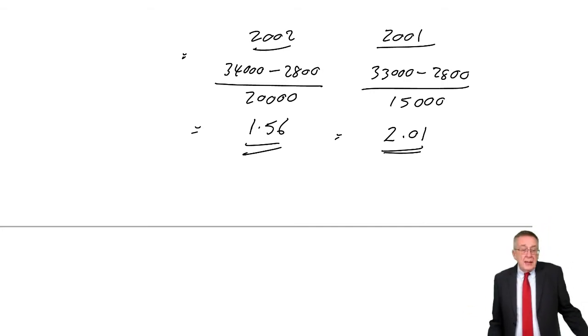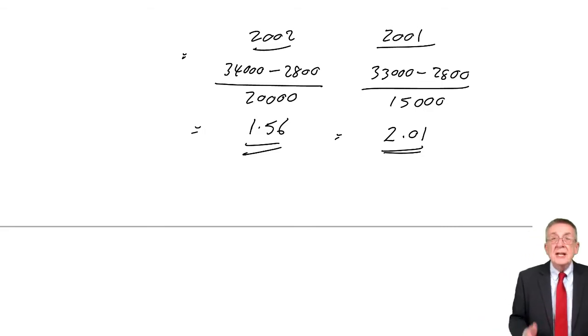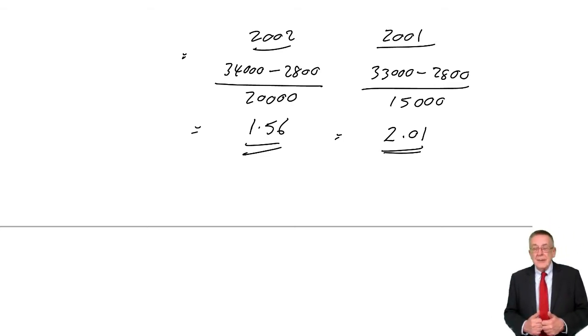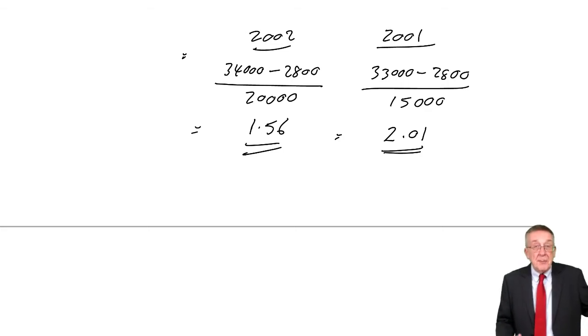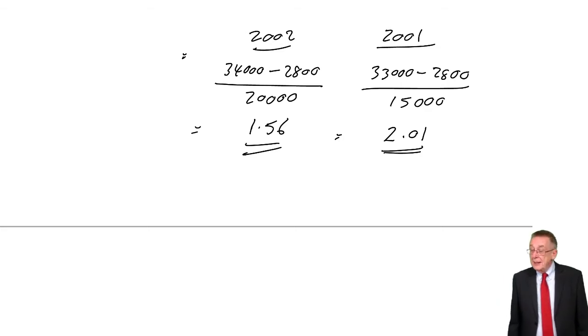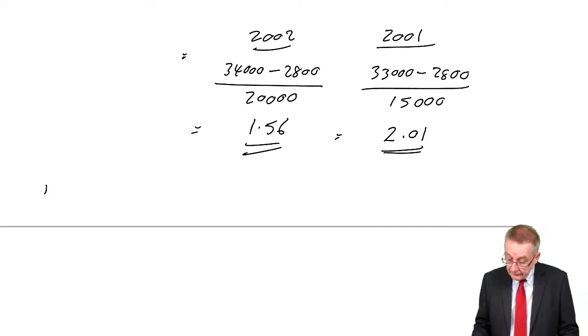Rather than pay out all the cash as dividend, keep some back to buy more machines to expand. So the more they're retaining, the more we'd expect they'll be expanding. And the more they expand, hopefully, the more profit in the future. So that's dividend cover.